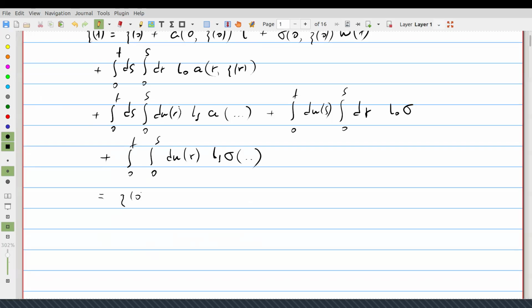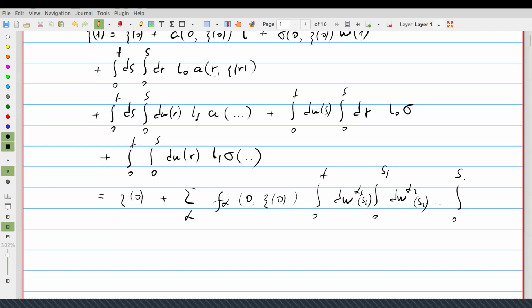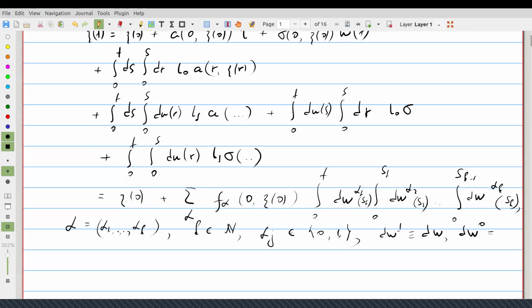And repeating this procedure, we formally arrive at a series of the form: iterated integrals dW^alpha_1 s_1, dW^alpha_2 s_2, up to dW^alpha_k s_k, where alpha is alpha_1 through alpha_k, or the set of all such k-tuples such that k belongs to N, and alpha_j is from the set 0, 1, where dW^1 is just dW, dW^0 is just dt, which is standard notation.